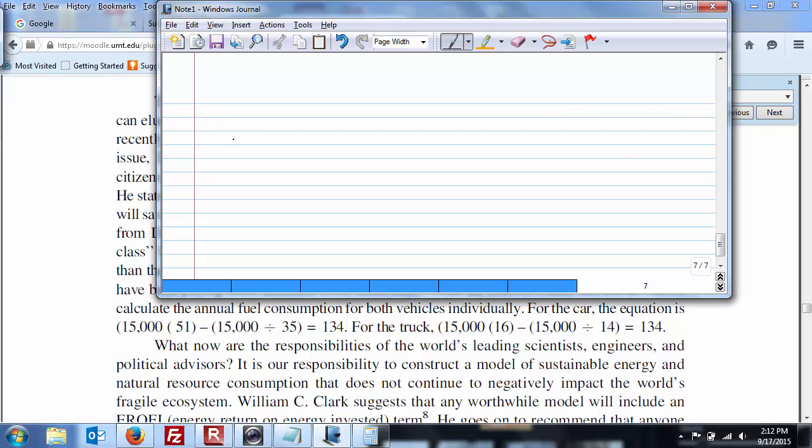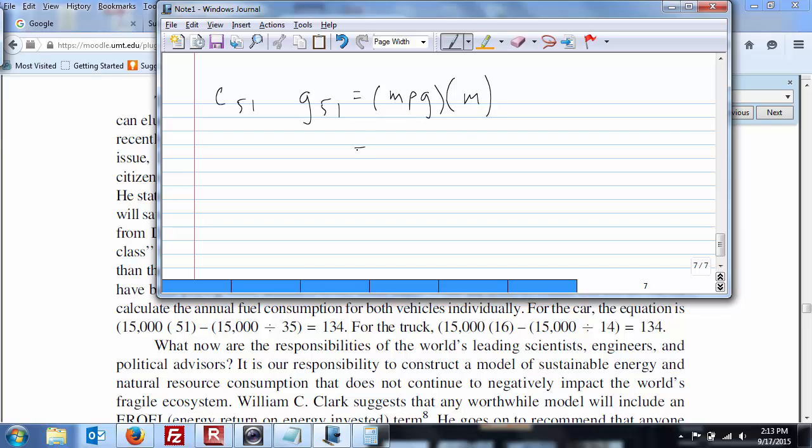Let me see this guy one more time. So let's do the car, 51. So the gallons for 51 equals miles per gallon times miles. So this is going to be the total number of gallons.